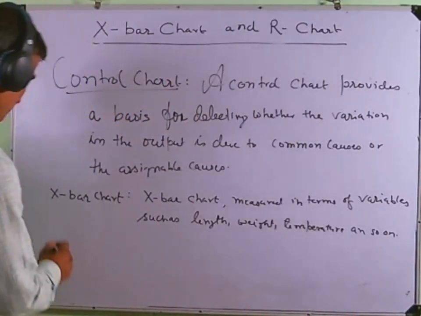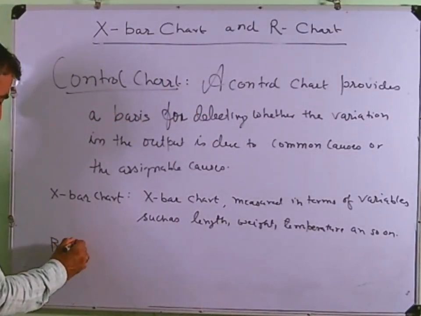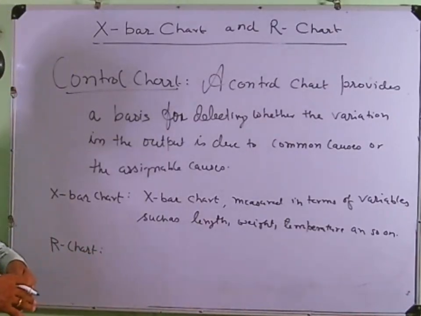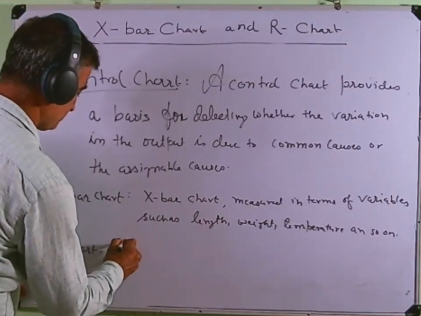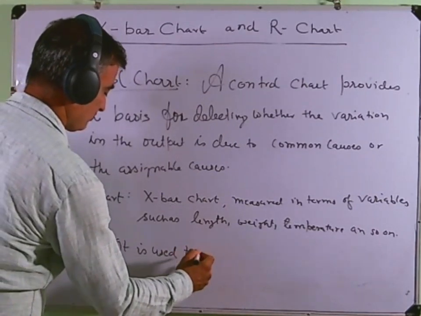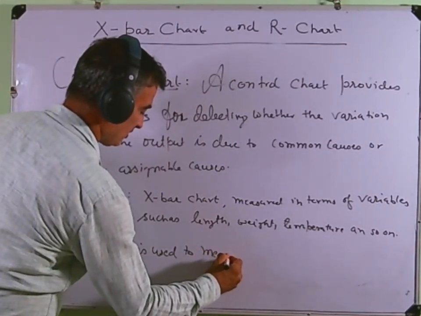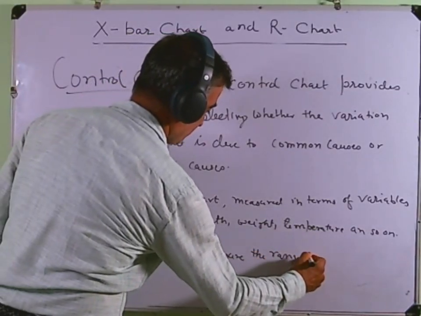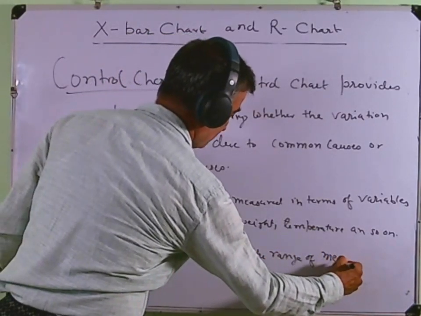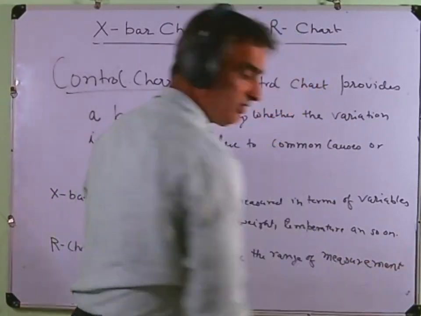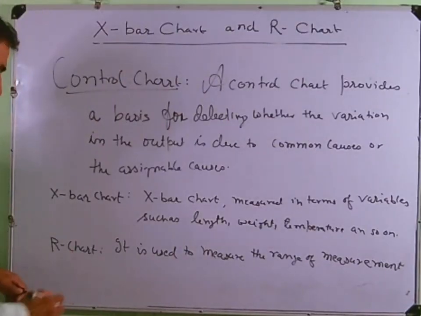Whereas the R chart is used to monitor the range of measurement in the sample.